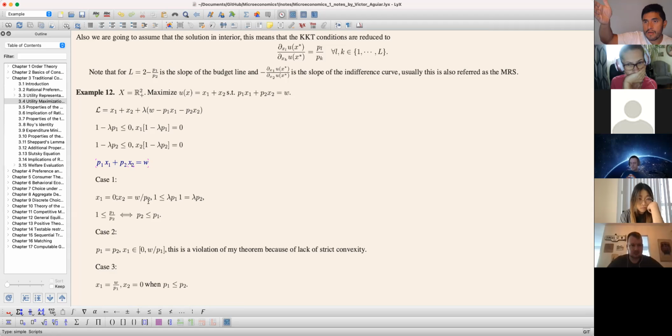Agree? Now if that's the solution, then I replace it in these conditions here. What I realize fundamentally is that for x1 equal to 0, this condition can hold with a strict inequality, but the other, which is interior, has to hold with equality, okay?